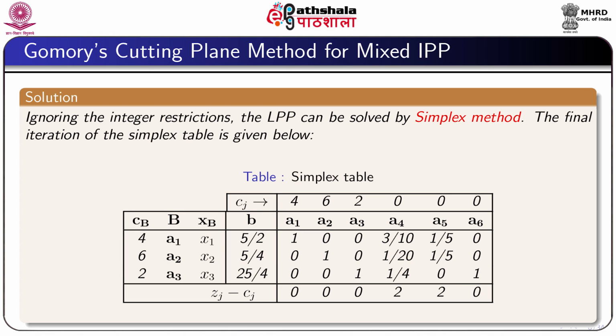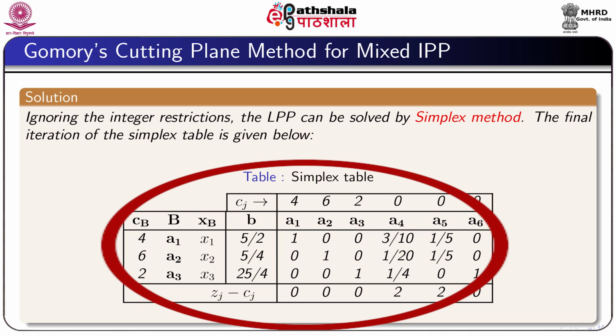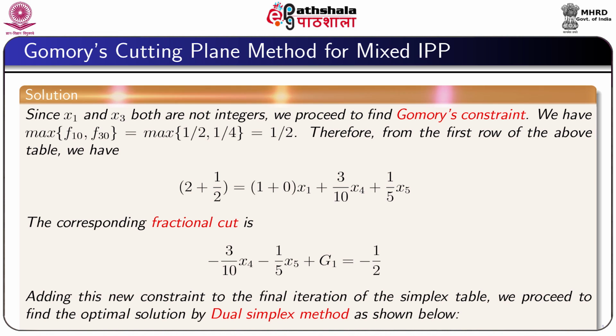Therefore, the optimality condition is satisfied, and from this table we read the optimal solution as x 1 equal to 5 by 2, x 2 equal to 5 by 4 and x 3 equal to 25 by 4. Since x 1 and x 3 are not integers, obviously this solution is not acceptable. So, we proceed to find Gomory's constraint.